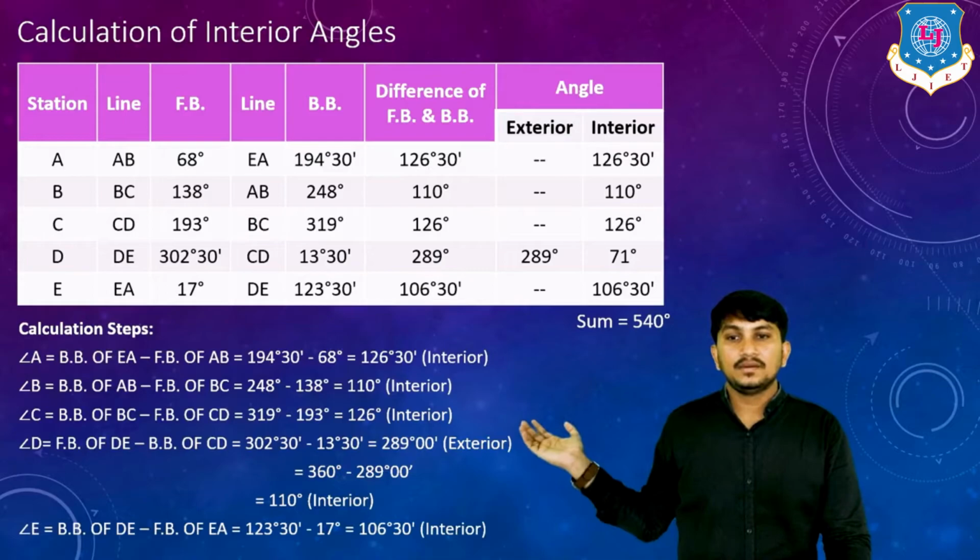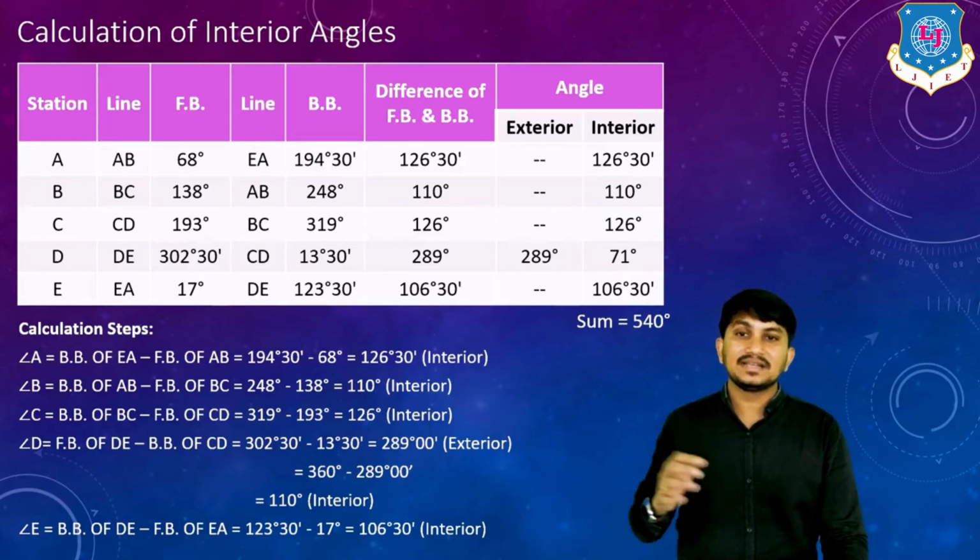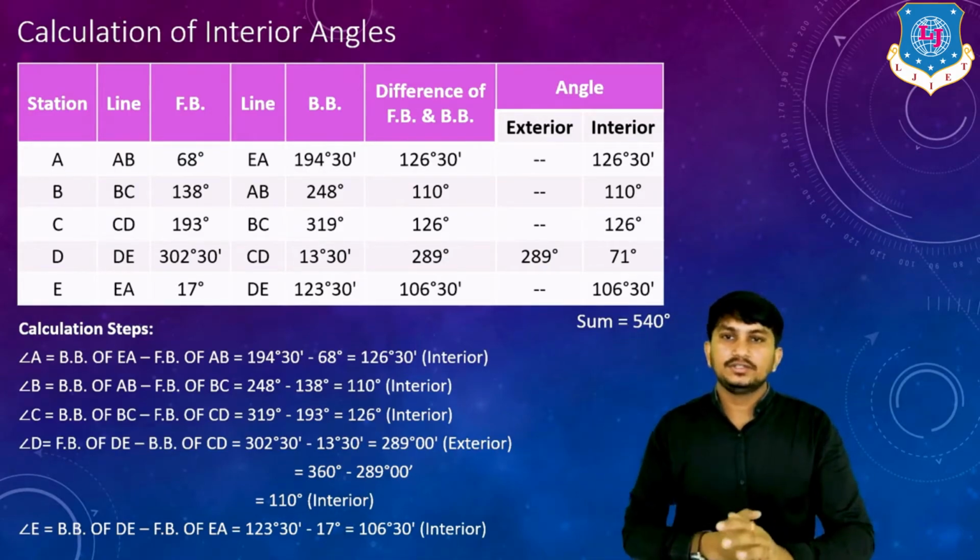And the last is angle E, which is BB of DE minus FB of EA, 123 degrees 30 minutes minus 17 degrees, which is 106 degrees 30 minutes, which is interior. This is how we can calculate the angles.